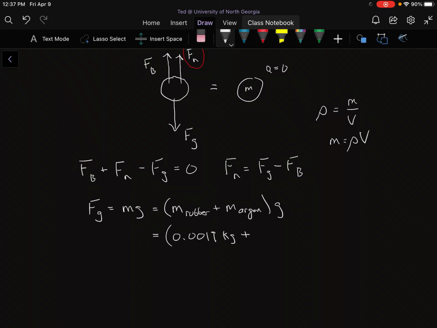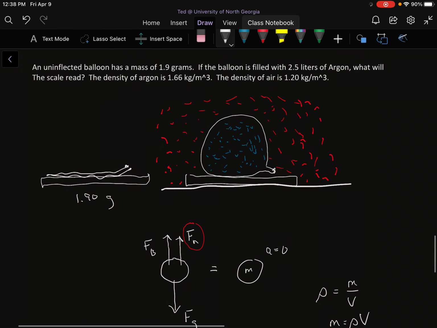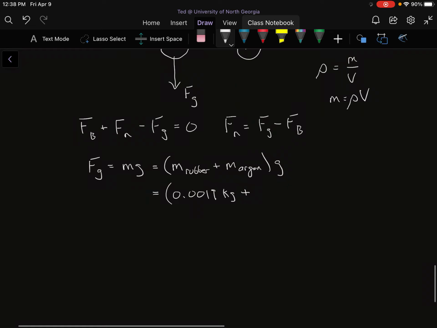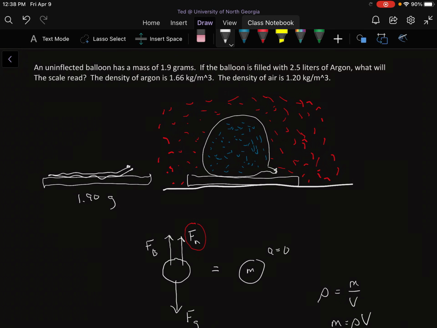So the density of argon is given in the problem, 1.66. And now we need the volume. The volume is given in the problem too, and we were told that the volume is 2.5 liters. But a liter is 1/1000th of a meter cubed, and we need to convert that to meter cubed.